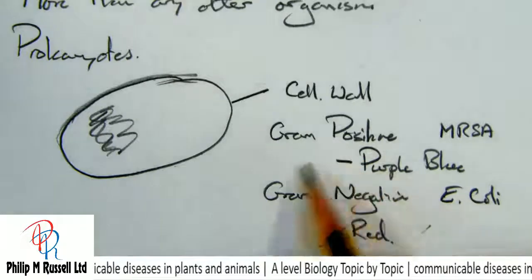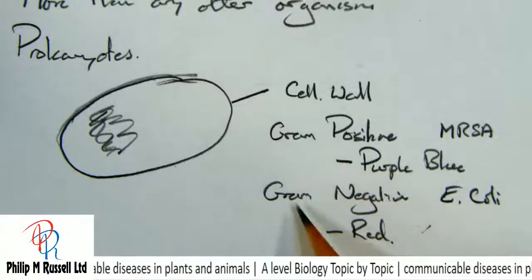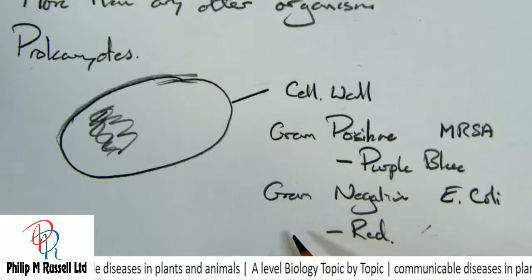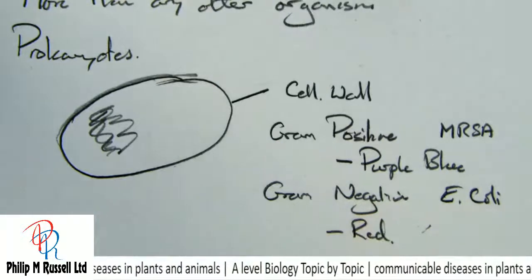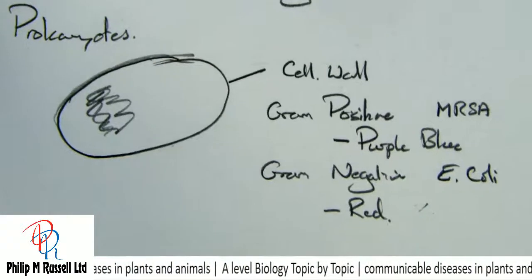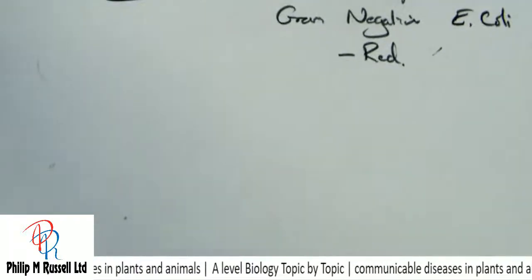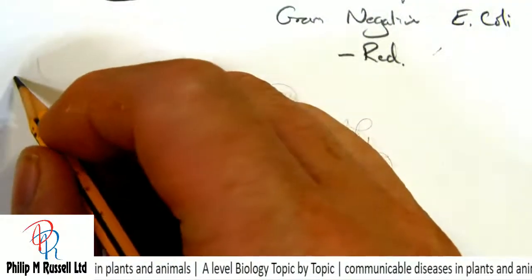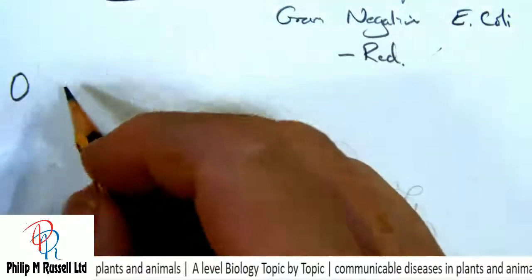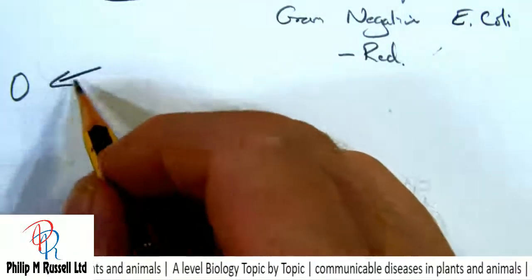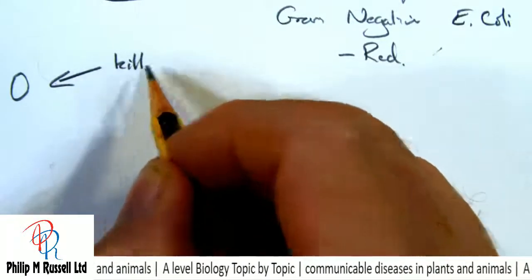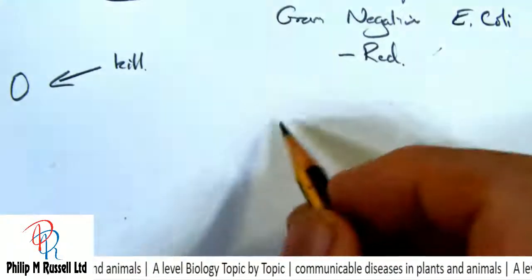And this is because the cell wall here affects how bacteria react to different antibiotics. So there are two particular different sorts of cell walls. And in fact, some of the bacteria can behave differently. If I've got one bacterium, then it's possible to kill fairly easily.